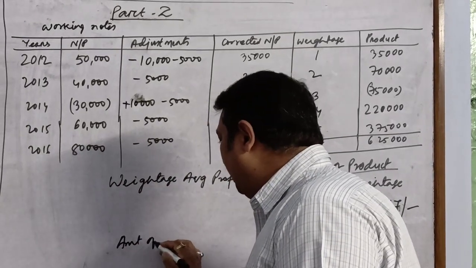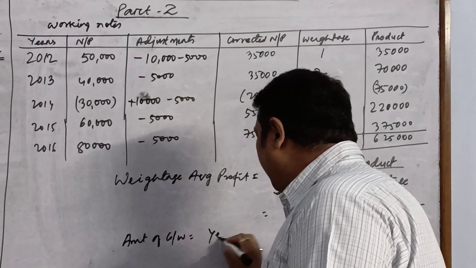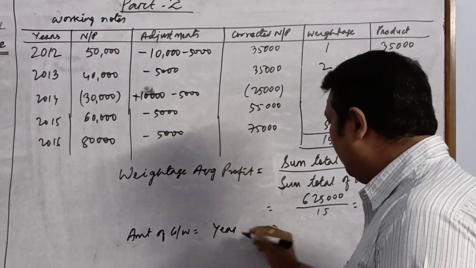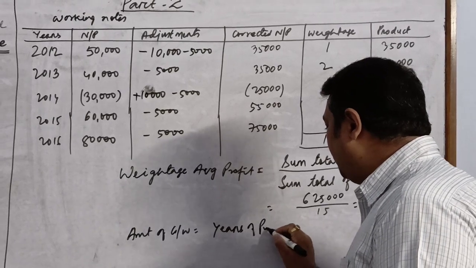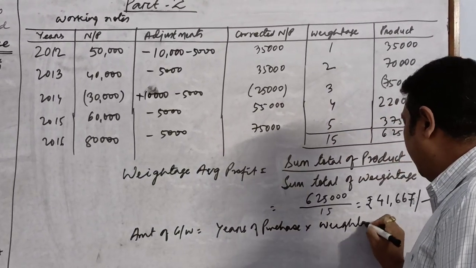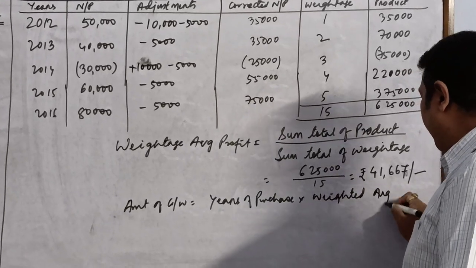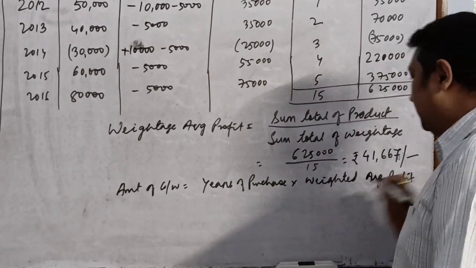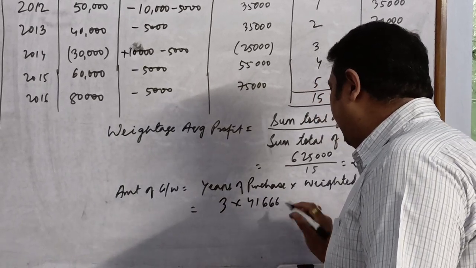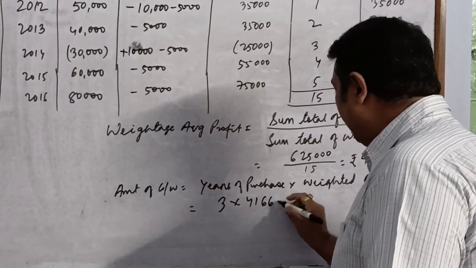Now amount of goodwill, the same formula, years of purchase into weighted average profit. Years of purchase is 3 into 41,667.